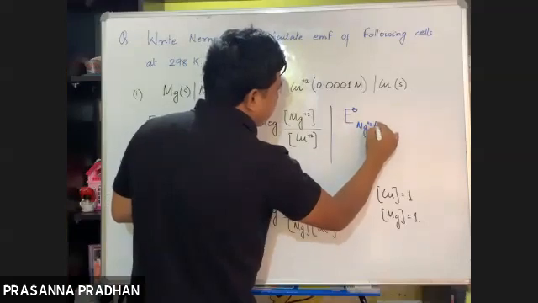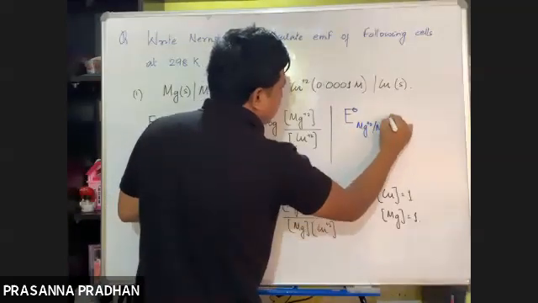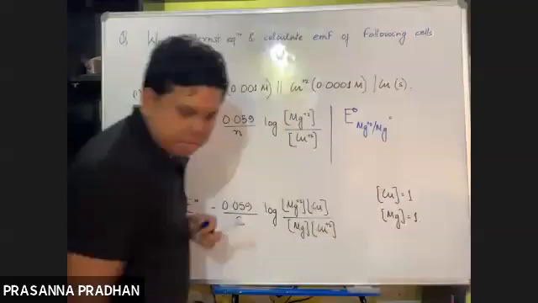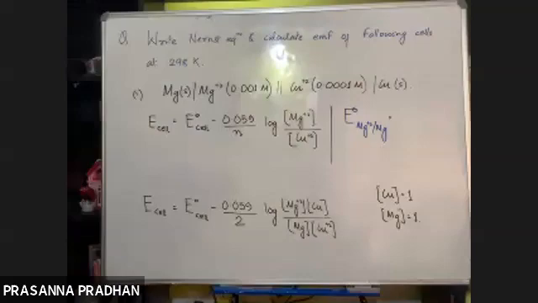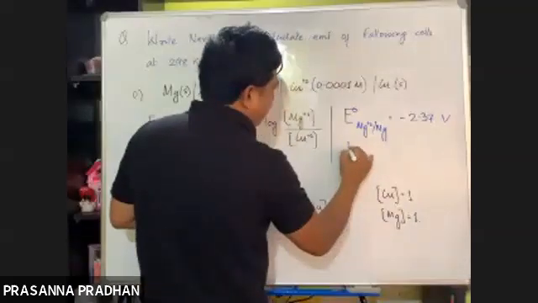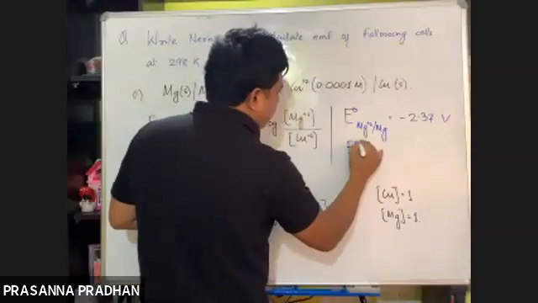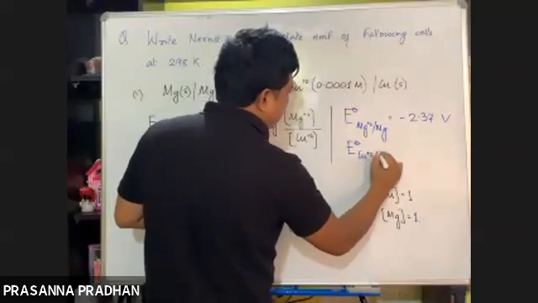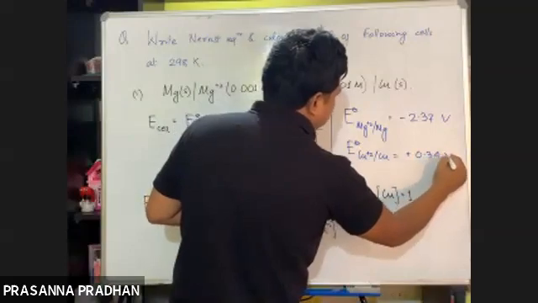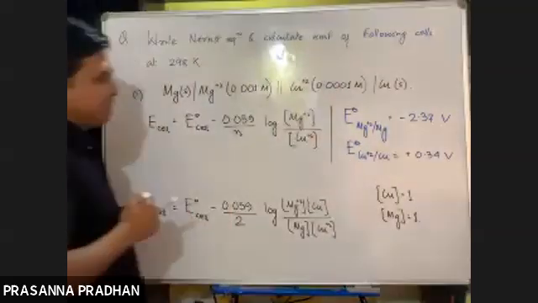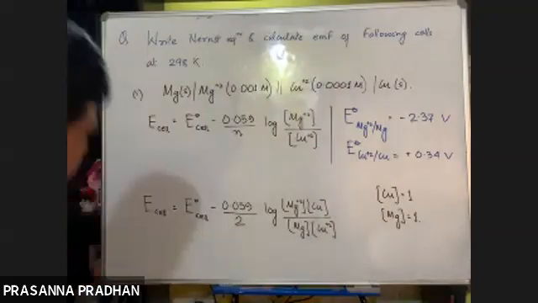The standard reduction potential of magnesium is minus 2.37 volt, and we already know the standard reduction potential of copper is plus 0.34 volt. So this will be given, don't worry about this part.